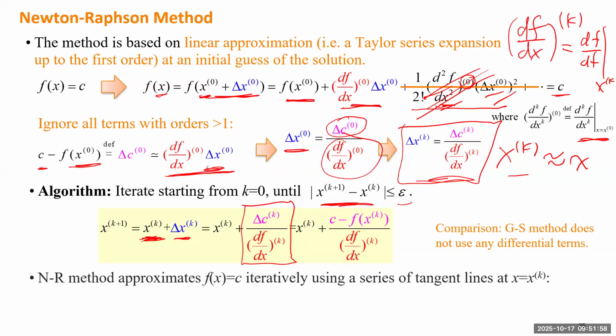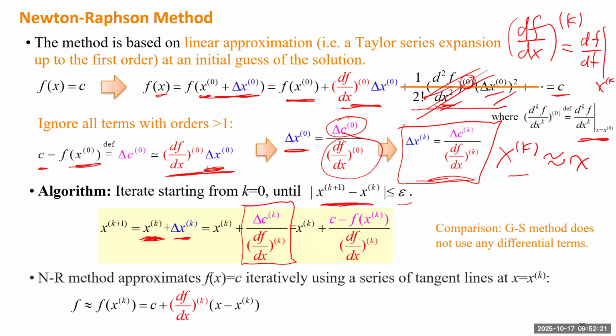So basically, the Newton-Raphson method approximates the nonlinear functions iteratively using a series of tangent lines at each updated value of x. So the tangent line will have a similar formula.